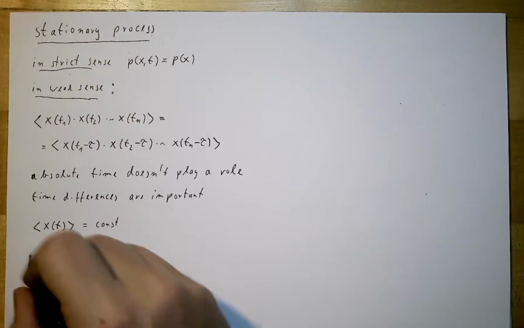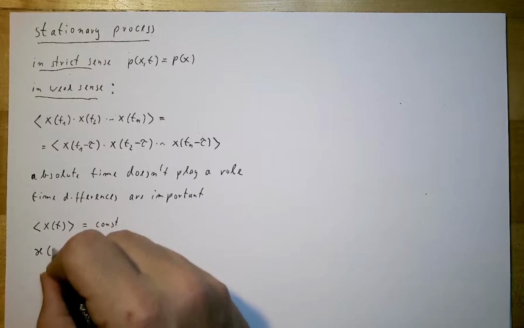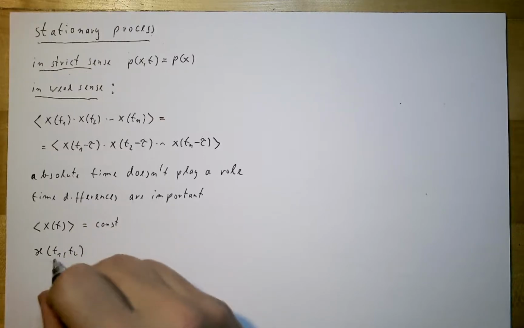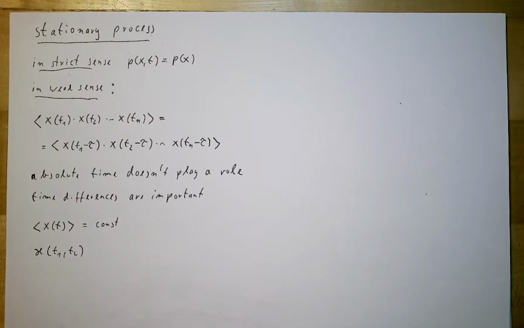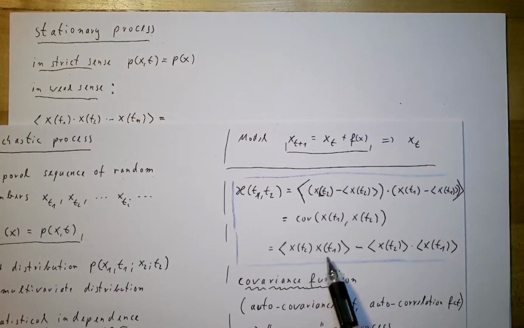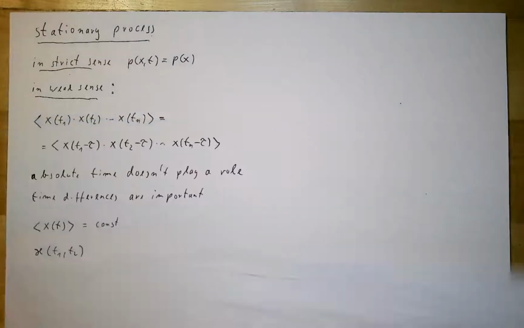So now what happens with our correlation function kappa at t1 and t2, and then we have now these moments at different time points, but since we can shift the time, so these moments just depend on the time difference.